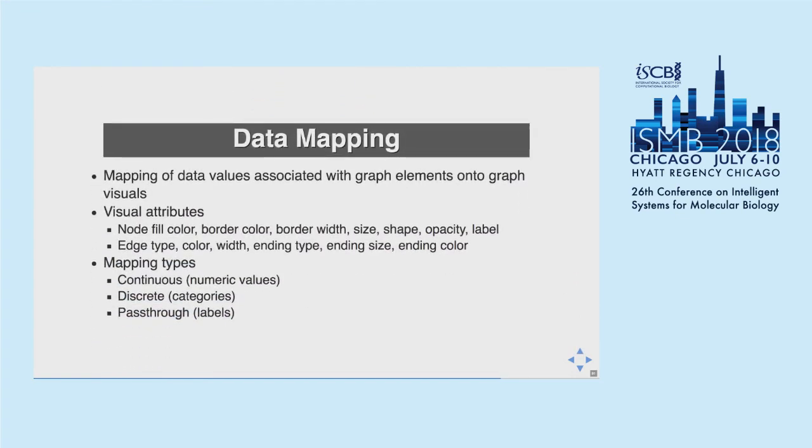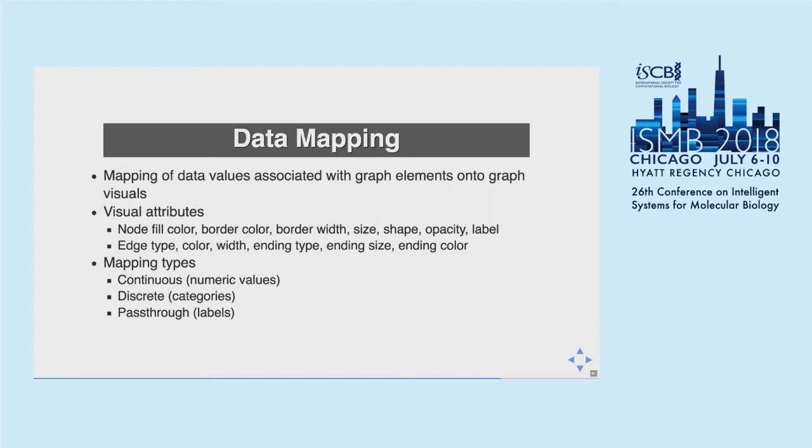So Cytoscape and most network visualizations allow you to map data values to a number of visual attributes. The visual attributes include node fill color. You saw me change that when I did the quick walkthrough. Border color, border width, the size of the node, in fact the width and the height of the node, the shape, the opacity, the label.